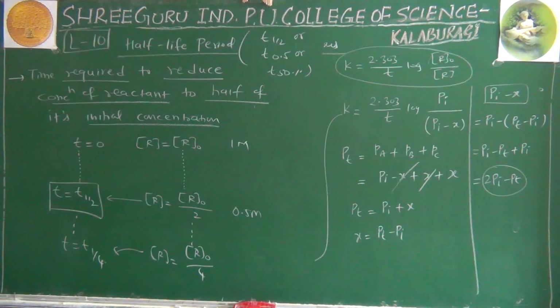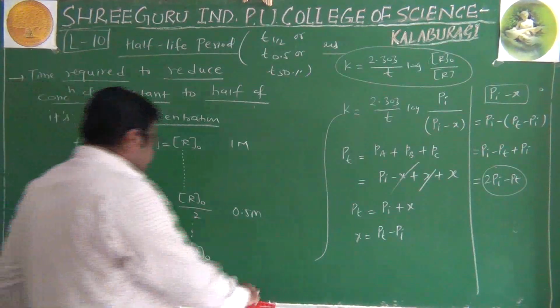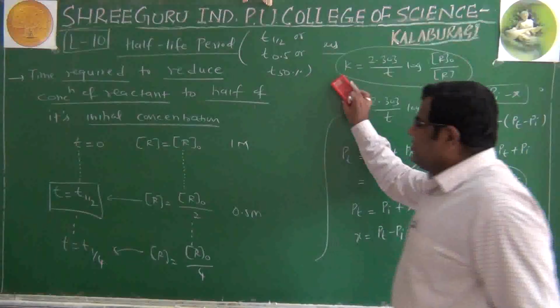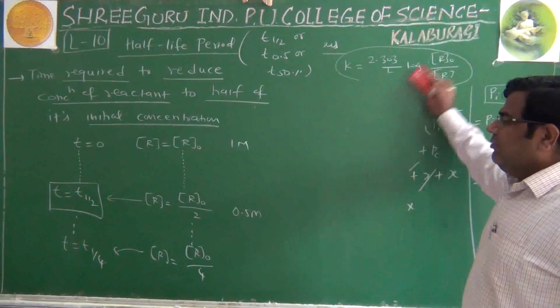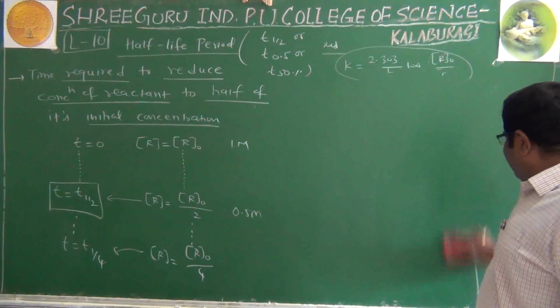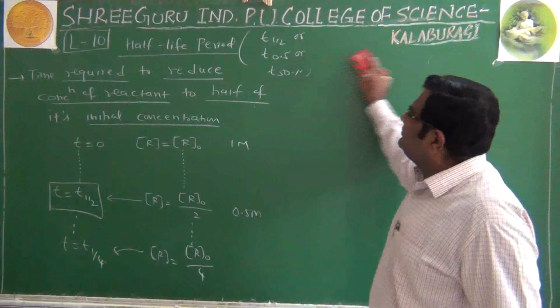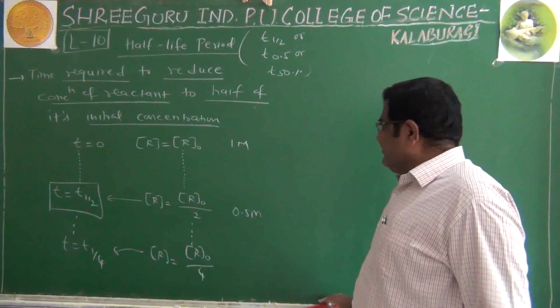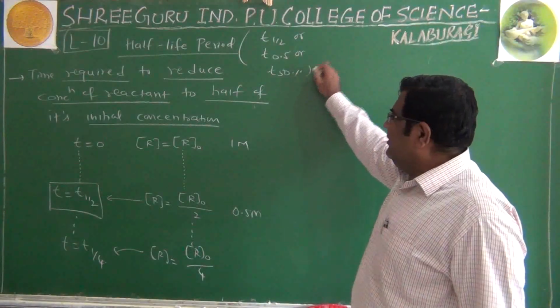So the definition is very simple. Time required to reduce the concentration of the reactant to half of its initial concentration is called the half-life period. Now we have to derive this equation for a zero order reaction.